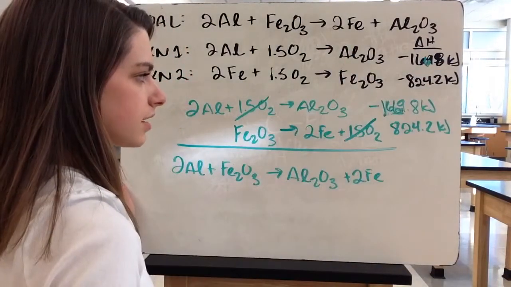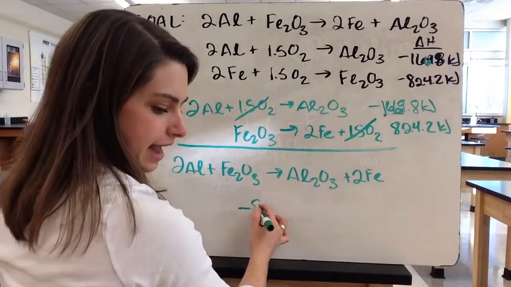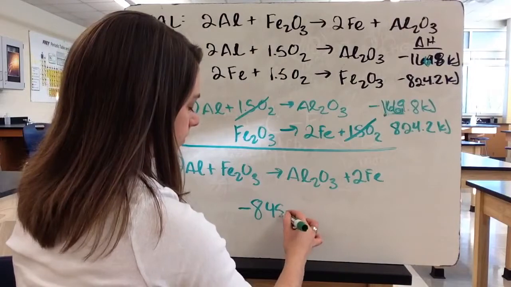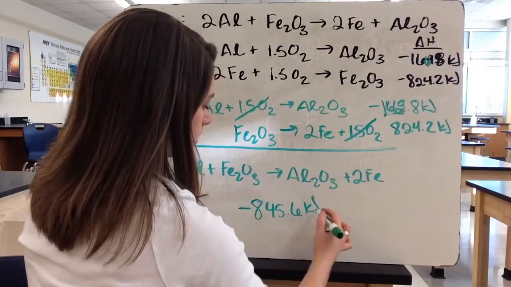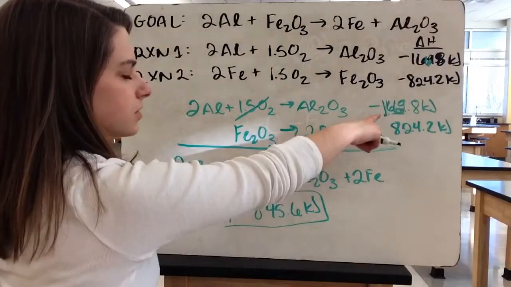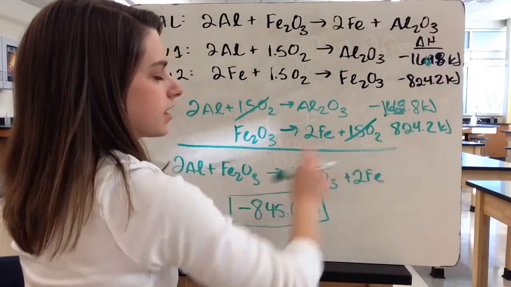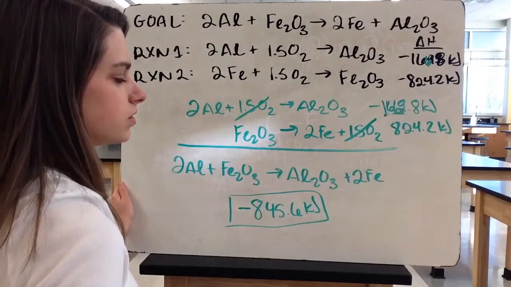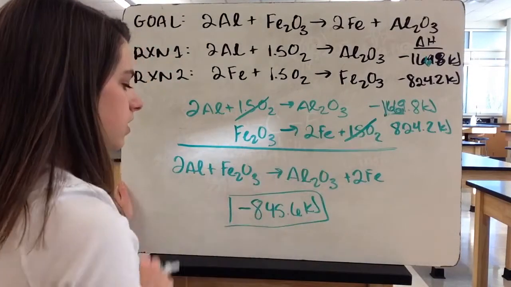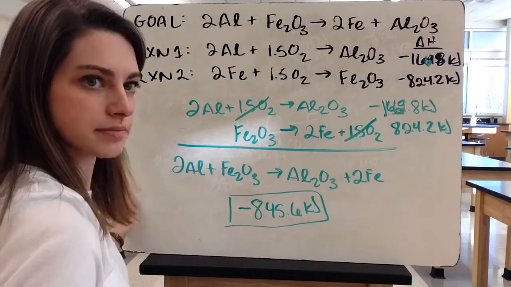I apologize, that was a typo, because my overall should be a negative 845.6 kilojoules of energy. So this first reaction was negative 1,669.8 kilojoules. My second reaction was 824.2 kilojoules, which gets me an overall negative 845.6 kilojoules of energy.